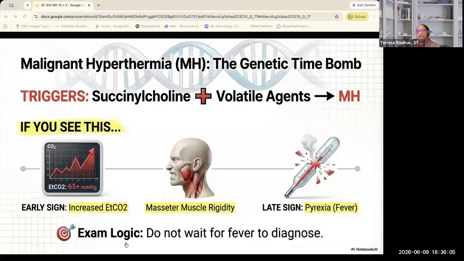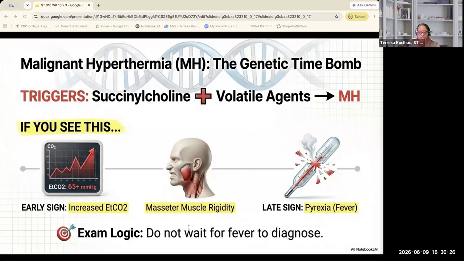Okay, now I want to take a little bit of time on this next one. This is one of the most important anesthesia emergencies you'll see on exams and be exposed to in the real OR. Malignant hypothermia, or MH.